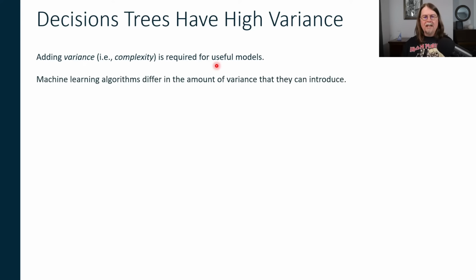Now, what's super interesting is that machine learning algorithms exist on a spectrum. On one end of the spectrum, they have low variance, which is reflexively known as high bias. So high bias, low variance. And then on the other side of the spectrum, you have high variance and low bias models. So let me give you an example. A traditional machine learning technique is known as logistic regression.